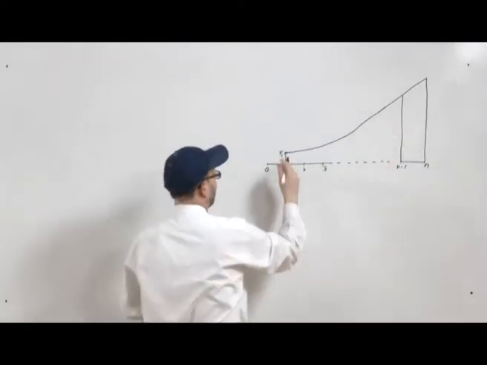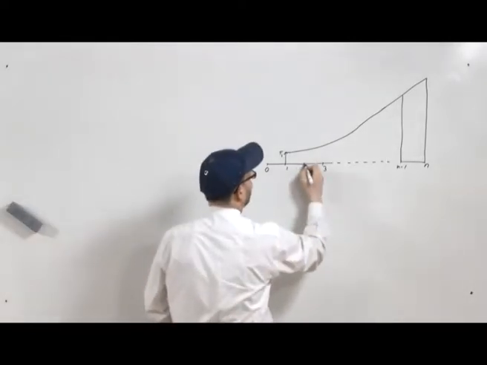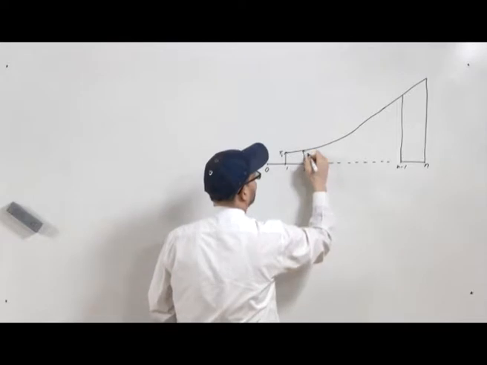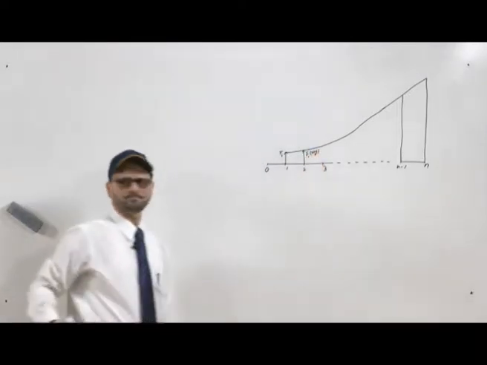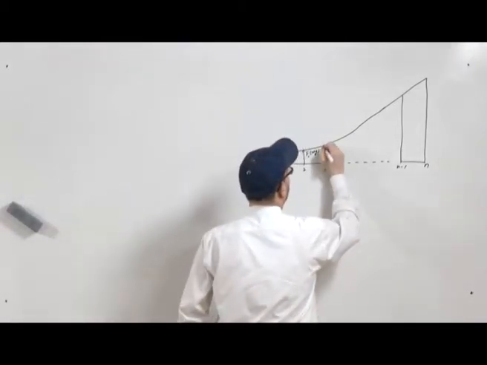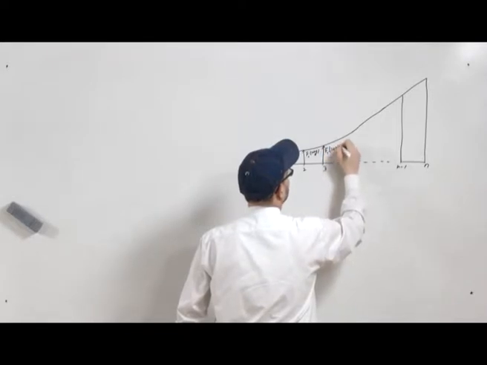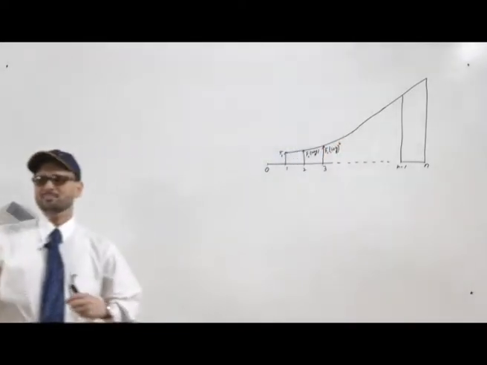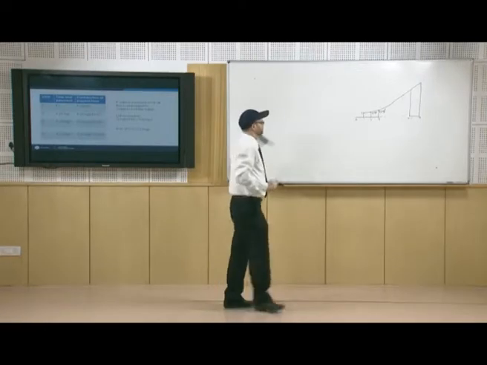So, if it is F1, in the second year this comes as F1 into 1 plus G. In the third year it becomes F1 into 1 plus G squared, because G percentage is the increase every year end.